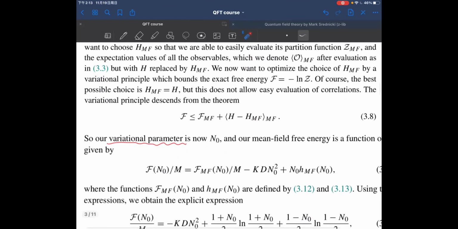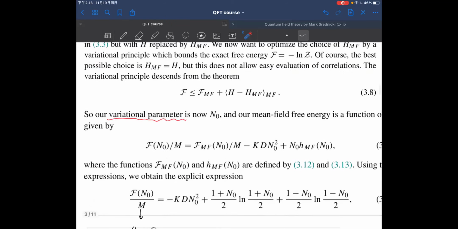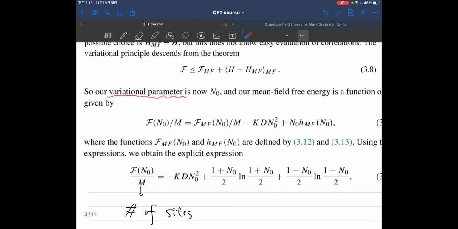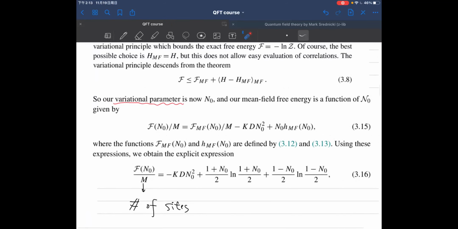It serves as an approximation. Then we just use a single site Hamiltonian to calculate. You can find the explicit expression for it. Okay, it is an approximation of the free energy.